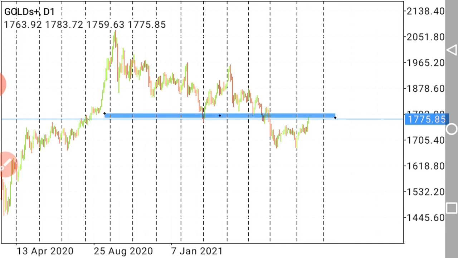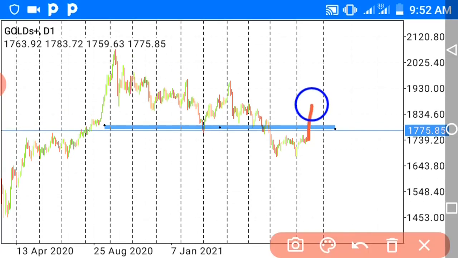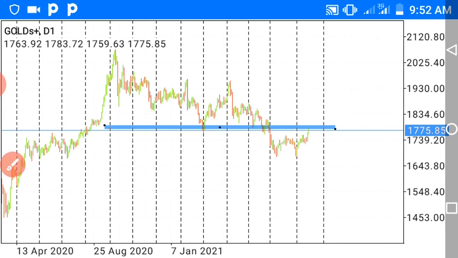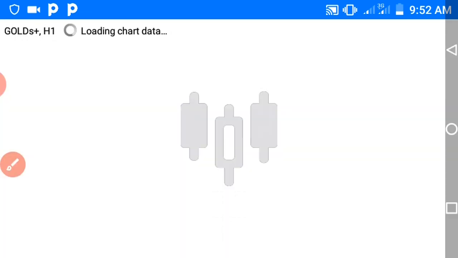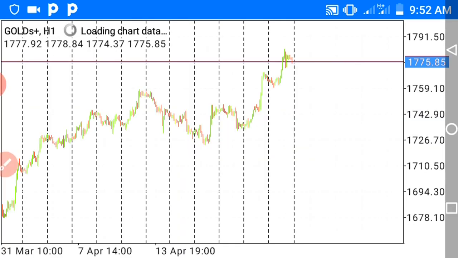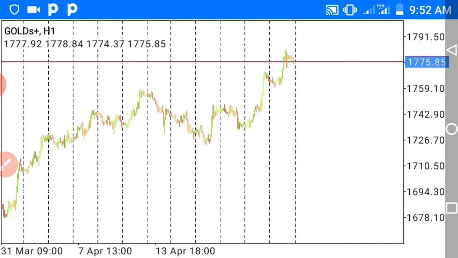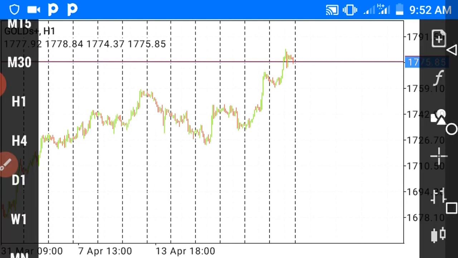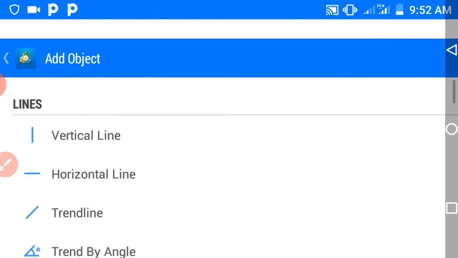So looking at this market from this level, what we're expecting is for this market to break above this level, have a retest, then continue. So that's it for the daily chart. Let's go to a lower time frame, the 1 hour, so you can see what exactly we're expecting.